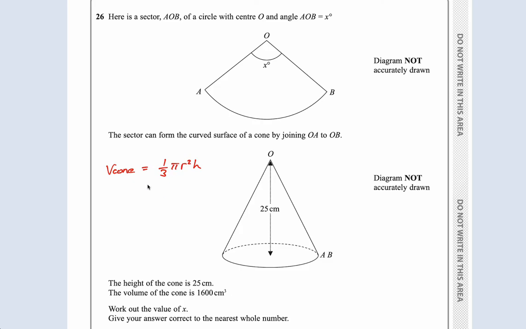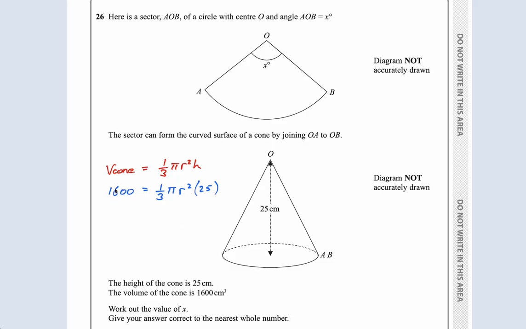So I'm going to write this is equal to a third pi times radius squared times 25, and that equals 1600 because he tells us in the question it's 1600.